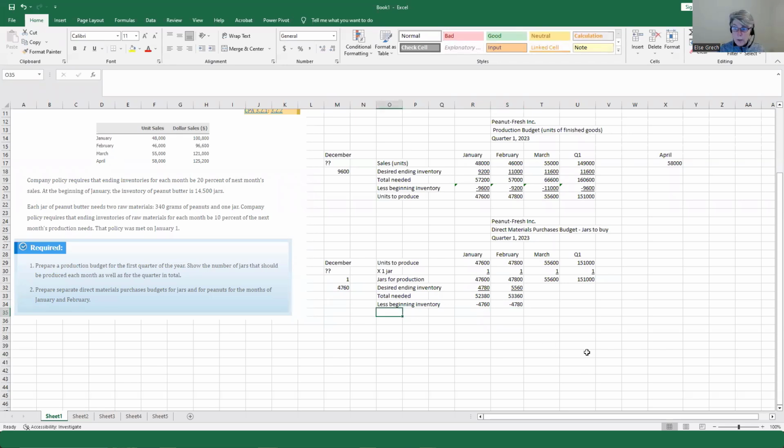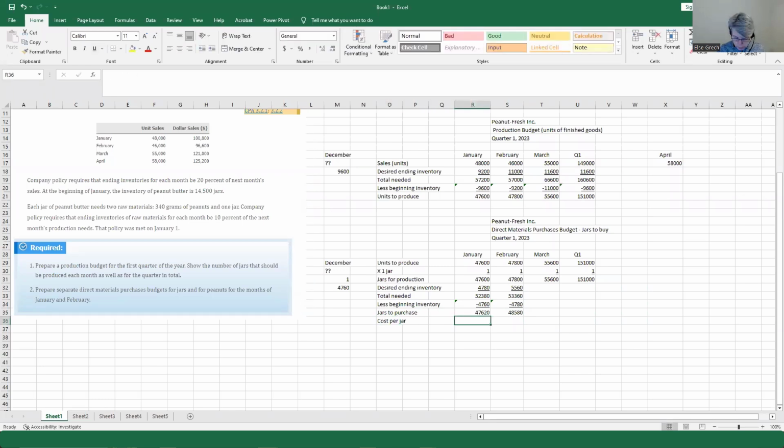So this isn't units to produce. This is jars to purchase. Now, if we knew the cost per jar, we would put cost per jar.